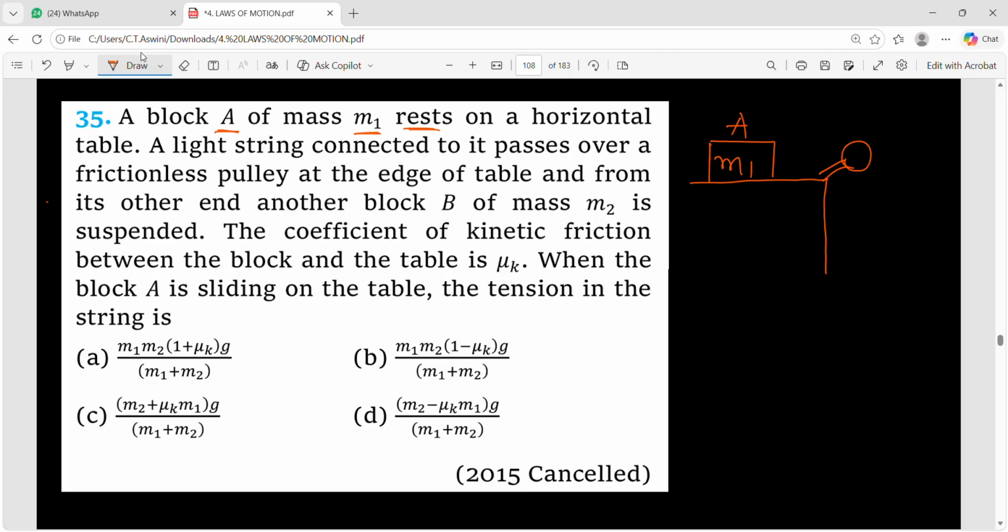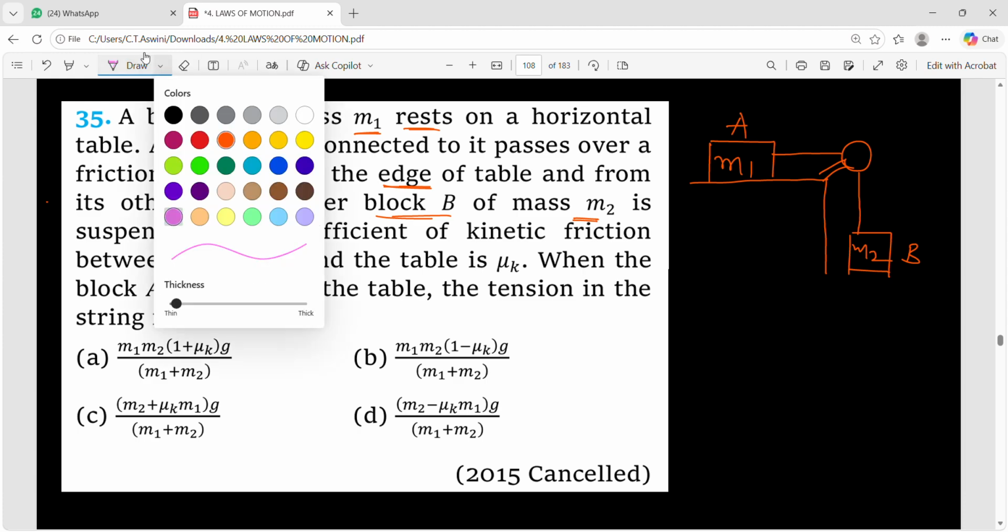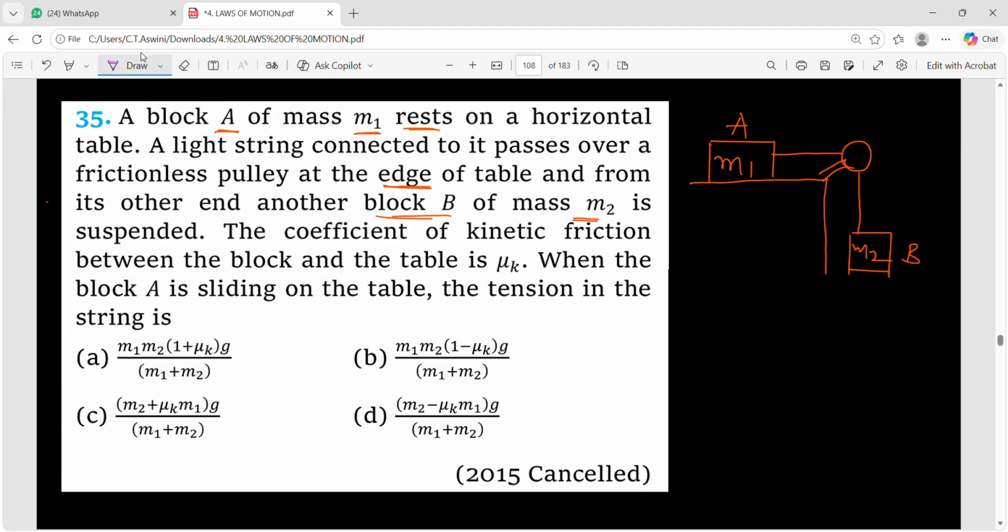So there is a pulley and the string is connected to it, passing over this pulley at the edge of the table. Anyhow, we have connected at the edge only. And from its other end, another block B of mass M2 is suspended. So from the other end of the string, there is another block B whose mass is M2. The coefficient of kinetic friction between the block and the table. So between the block and the table, so this is the table, okay.